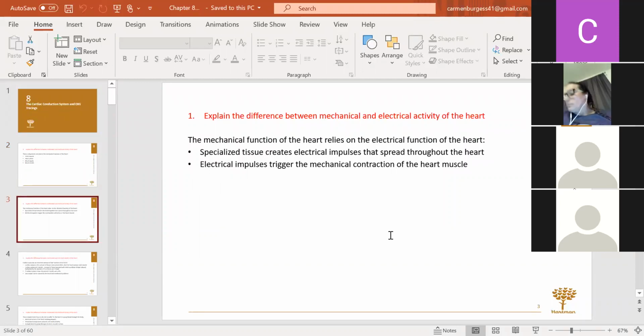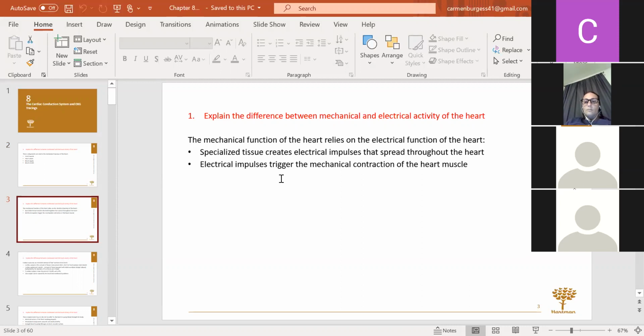So the difference between mechanical and electrical, and it says it right here, but the mechanical function relies on the electrical, right? Can you have mechanical without electrical? No. So in electrical activity, what's happening is cells are doing what? The cells are generating this electrical activity.